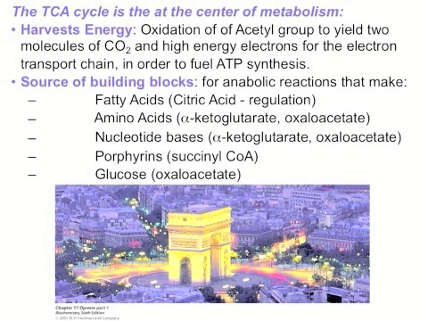the regulation of fatty acid synthesis. Amino acids can be made from alpha-ketoglutarate and oxaloacetate. Nucleotide bases can be made from alpha-ketoglutarate and oxaloacetate as well. Porphyrins, as we saw, require succinyl-CoA as a reactant.